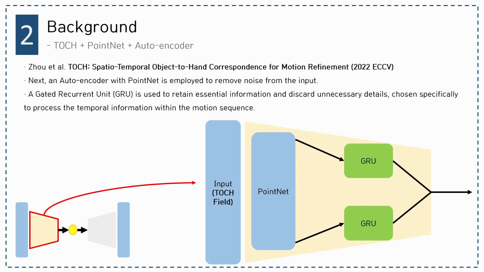The paper employs a GRU, gated recurrent unit, which stores essential information from previous frames and discards unnecessary details, enabling the processing of the temporal information in a motion sequence. This paper places greater emphasis on the encoder, so I will skip the details of the decoder.